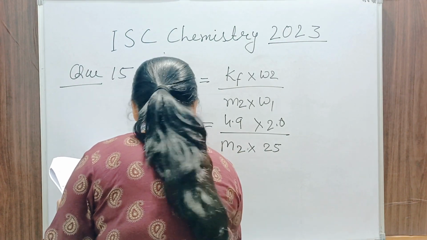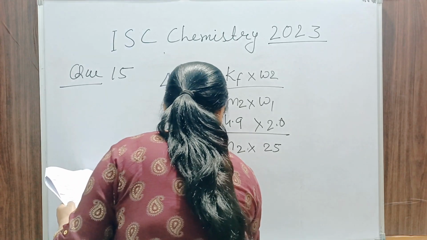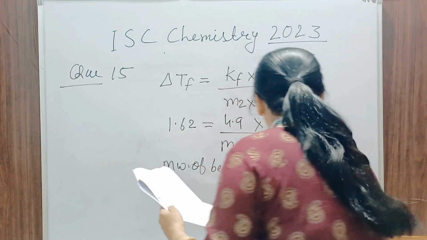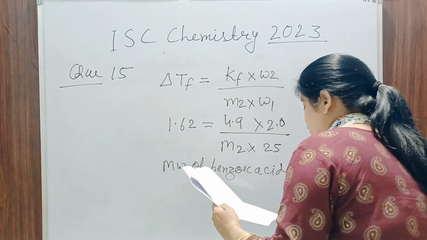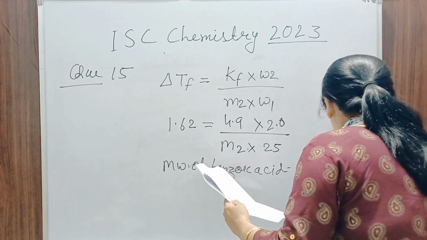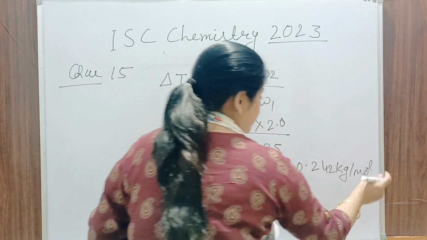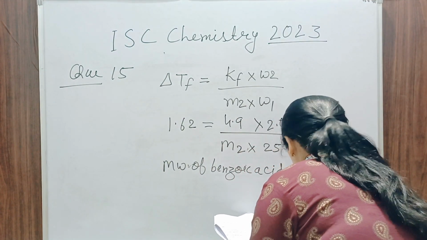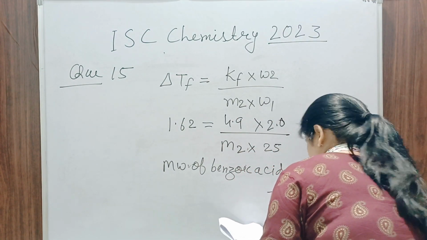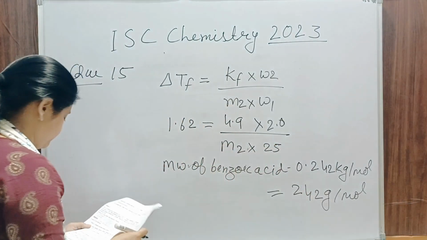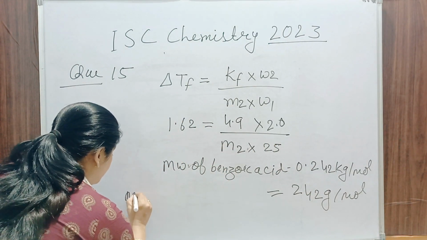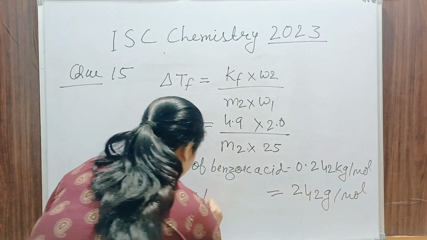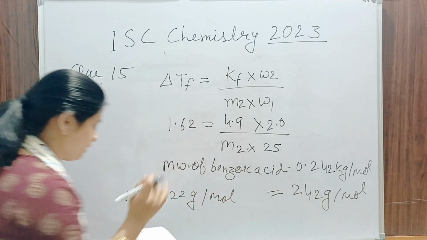So molecular weight of benzoic acid comes to 0.242 kg per mole. When we change this to gram, it is 242 gram per mole. The molecular weight given in the question is 122 gram per mole.